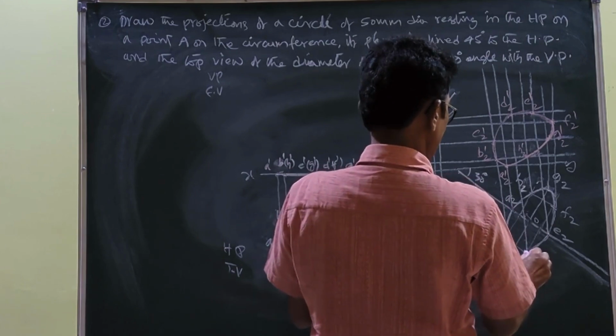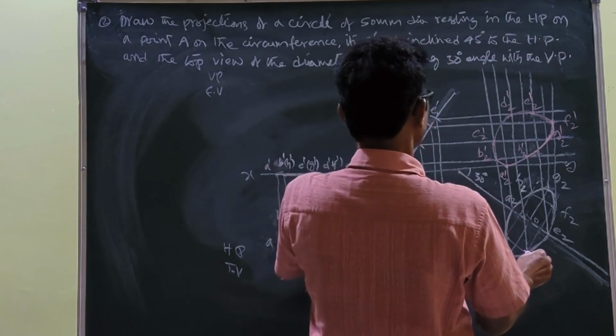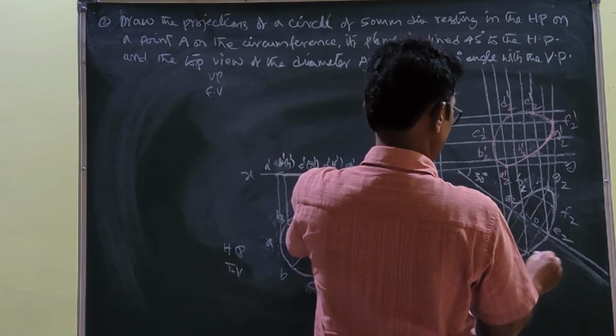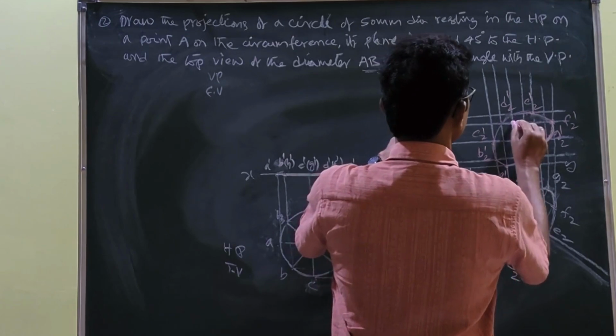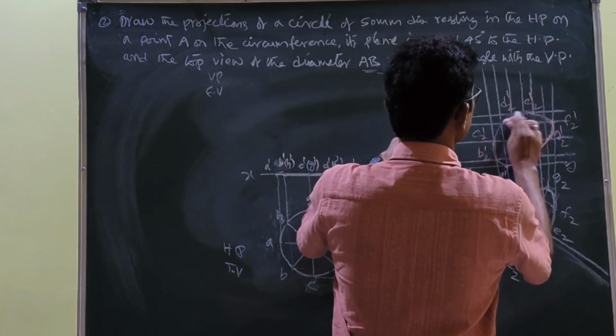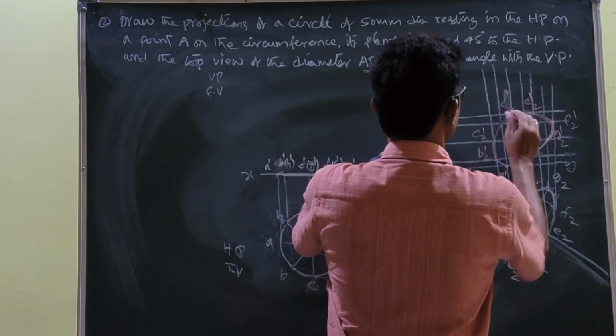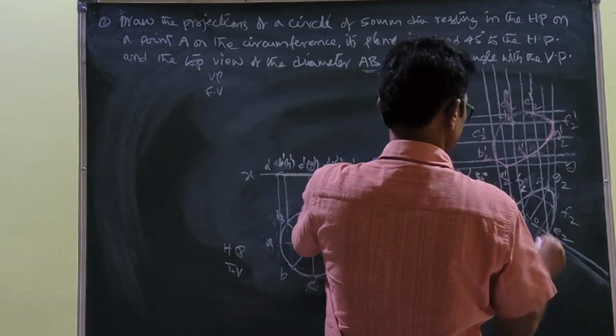I made a mistake somewhere. No, sorry, this is not D, this is the D point, sorry. This one D, this is the D2 dash.